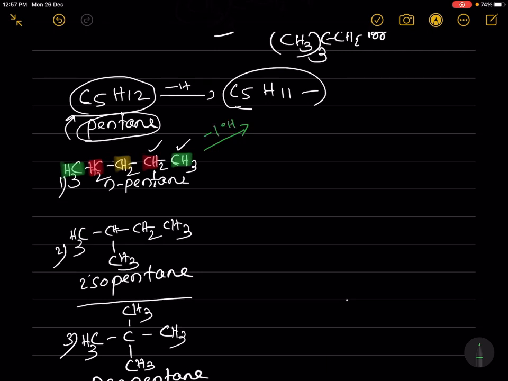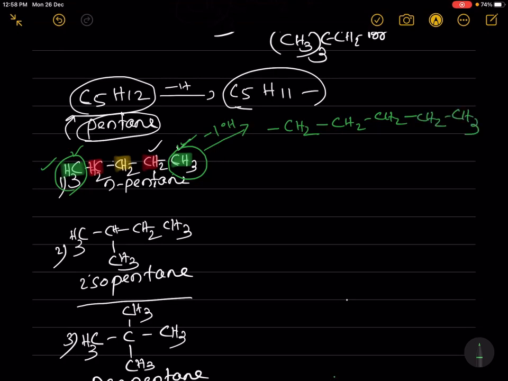We will remove 1 primary hydrogen atom. Out of these 2 carbon atoms, we can remove 1 primary hydrogen atom. So it is not a problem to remove a hydrogen atom from any primary carbon atom. We can remove from here or here. Let me remove from this carbon, so it will be easy. Or if you want to remove from this carbon, no problem. Then I have to write CH2, CH2, CH2, CH2, CH3.